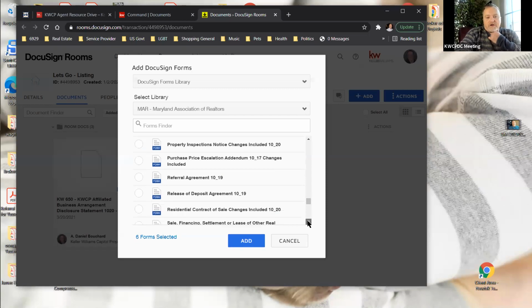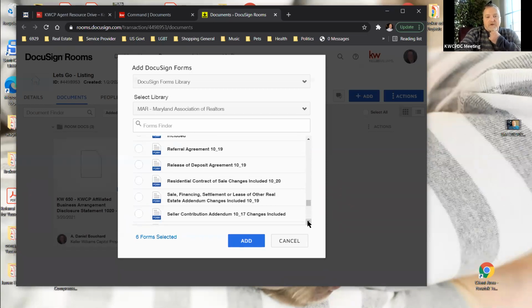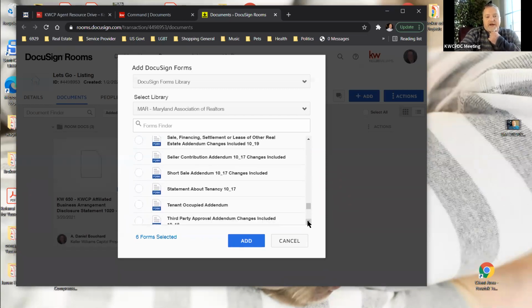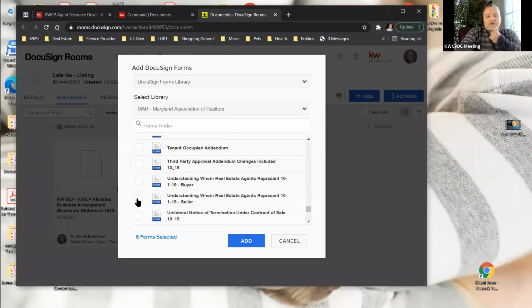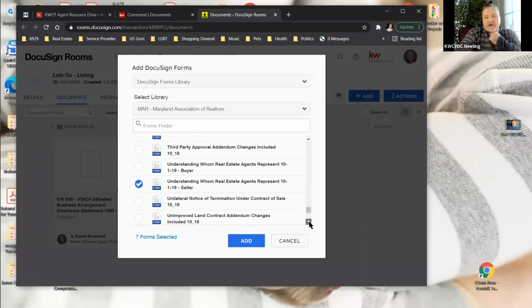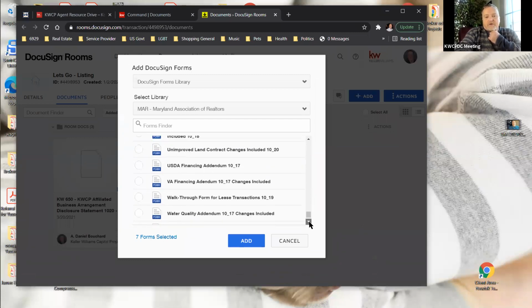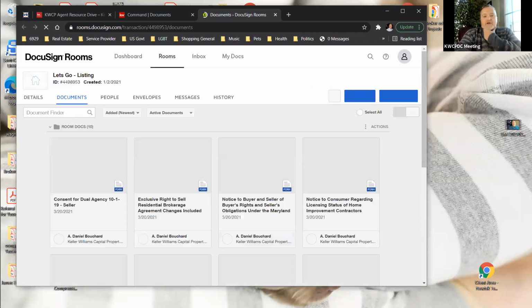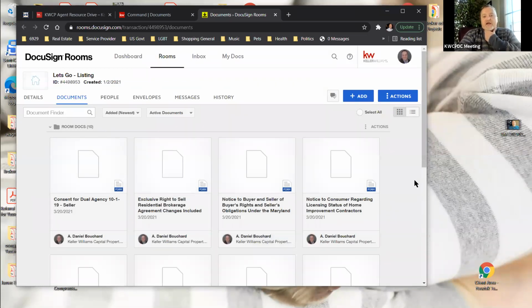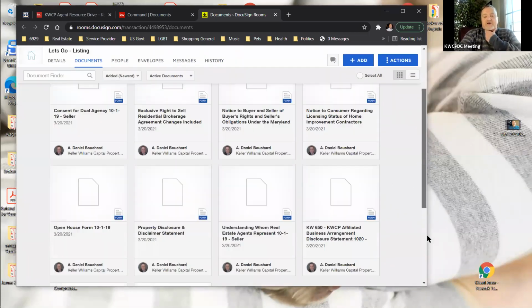Keep in mind, right now we're just doing the listing. And I'm going to include this one here also. We're going to talk about that in a bit. Typically these are the most common ones that you're going to need, and so having said that, let's start out with those.